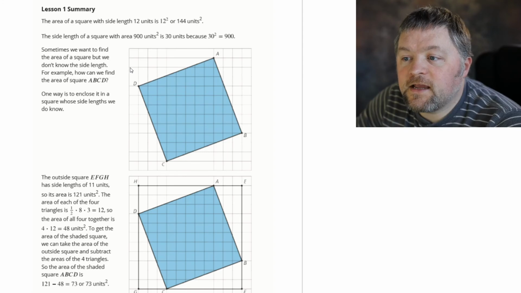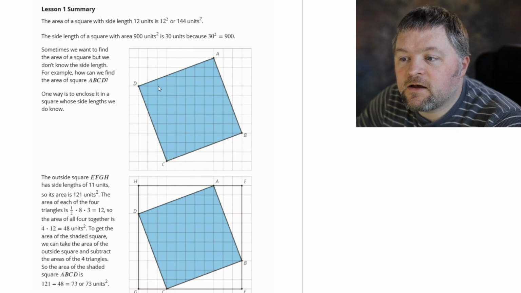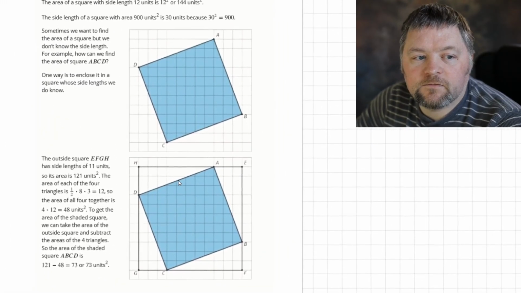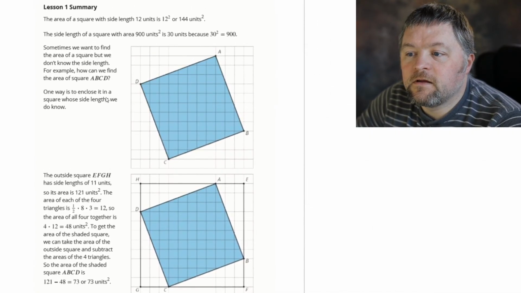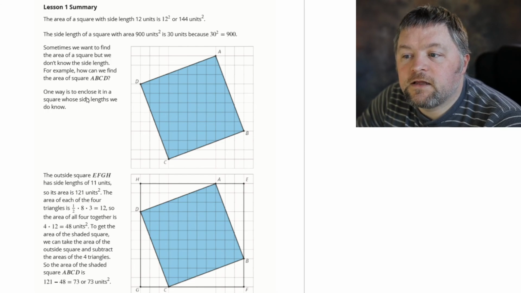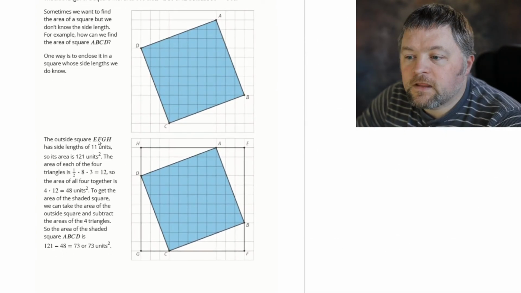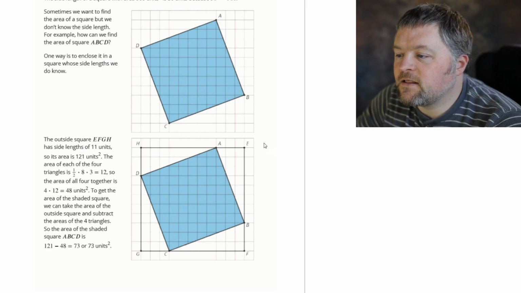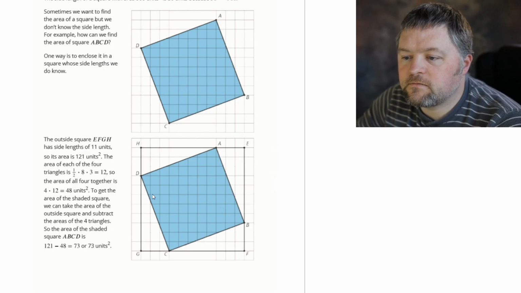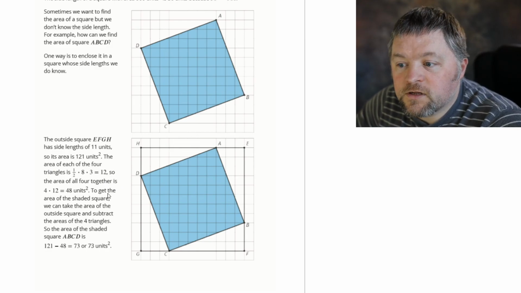Sometimes we want to find the area of a square, but we don't know the side length. For example, how can we find the area of square ABCD? One way is to enclose it in a square whose side lengths we do know. Outside square EFGH has a side length of 11 units, so it has an area of 121 units.